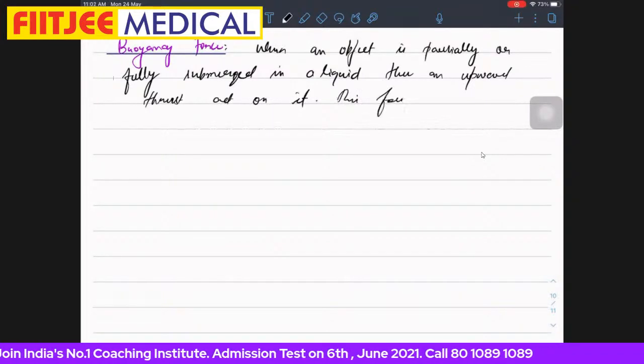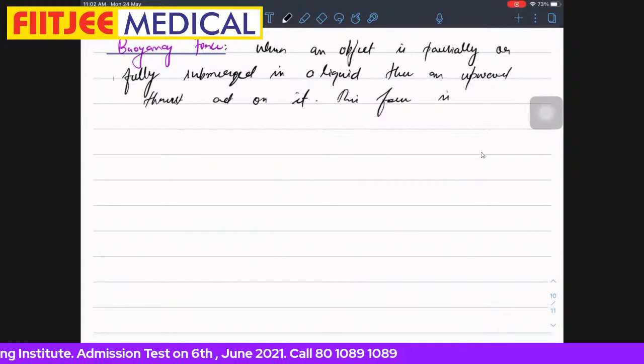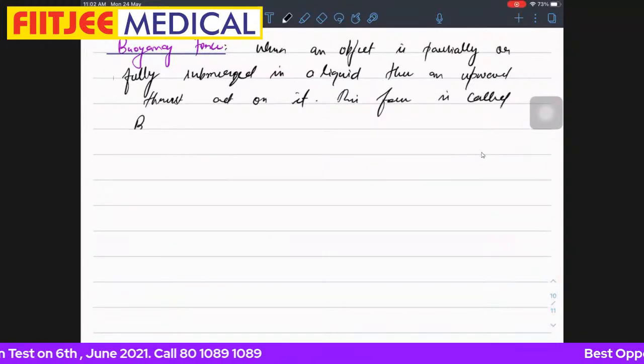This upward thrust is called the buoyancy force.